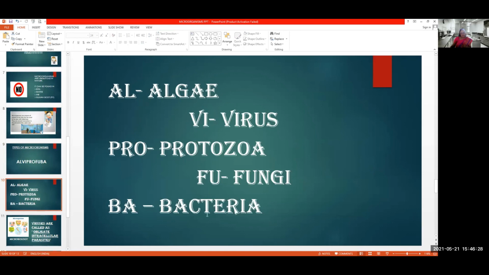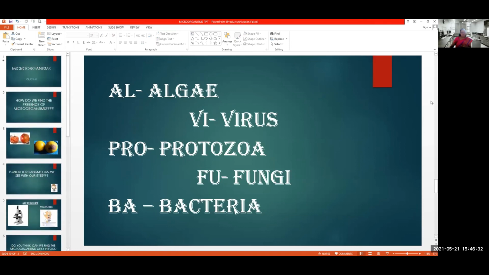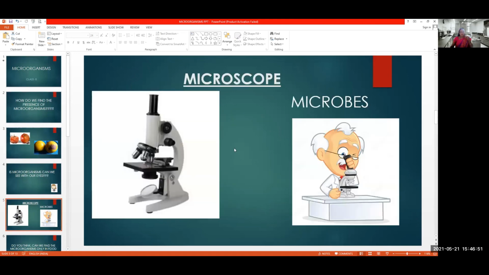So shall we summarize the class today? Yes, we have talked about microorganisms. How can we see them? How do we identify that microorganisms are present in food items, like change of color, change of smell, change of state? And how do we observe microorganisms with the help of a microscope?